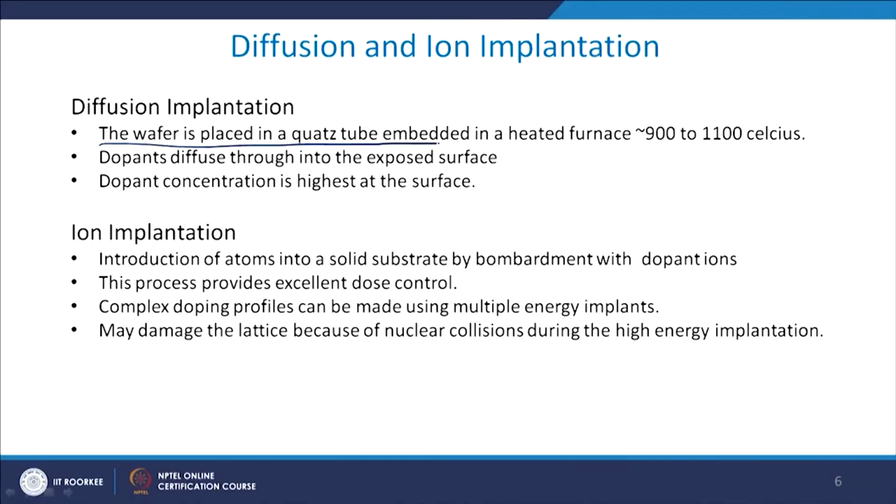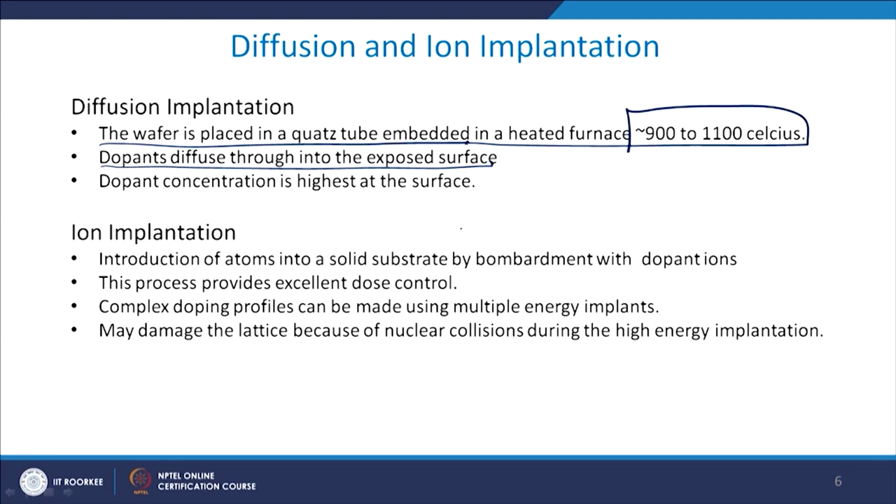So, as I discussed with you, typically the wafer is placed in a quartz tube because it is quite pure and you do not have any reaction from the quartz, and it is heated in a furnace at 900 to 1000 degrees centigrade. When you heat it, it becomes more reactive in nature, right, and therefore, you allow the dopant species to diffuse through the exposed surface.